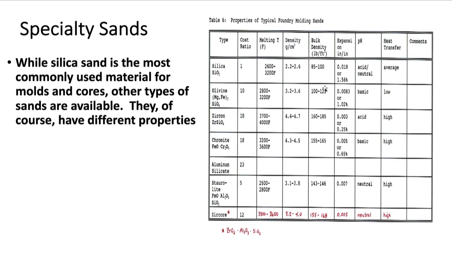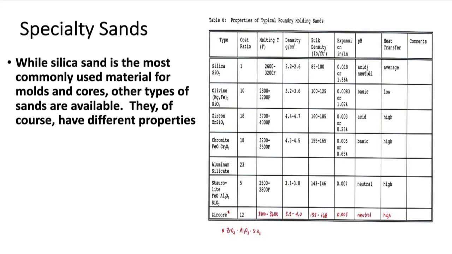Okay. It has an expansion coefficient, and it says this low number, 0.018 inches per inch, or 1.56%. And what we're going to show you in a little bit is silica has this bad habit of changing its crystal structure, which also changes its density, which will be a problem in that you'll possibly have some sand expansion defects.